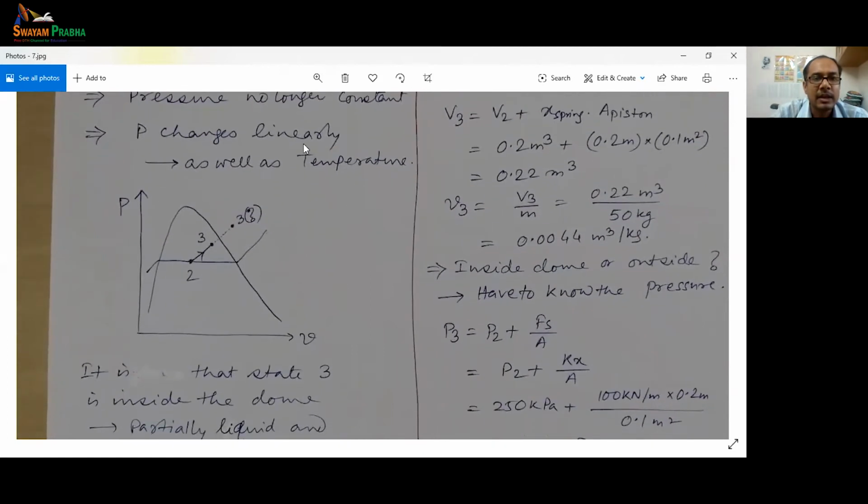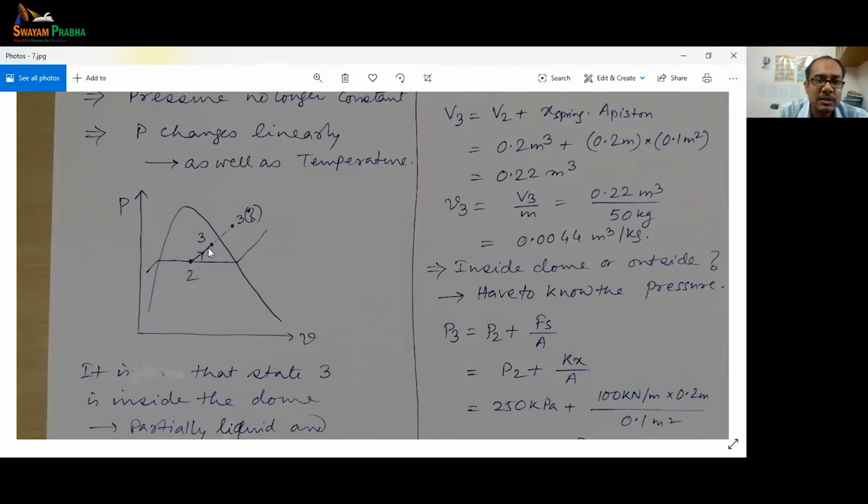It is given that the spring is linear, so pressure will change linearly, and the temperature will also change. From state 2, pressure will increase linearly. Let's say it's going along this line. It depends on the spring constant, and it will reach state 3.